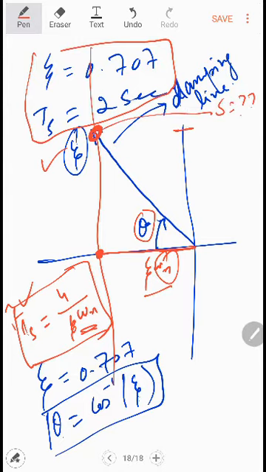S can be found from here, which means we can find the imaginary part, plus j omega, and the real part, which will be minus alpha.